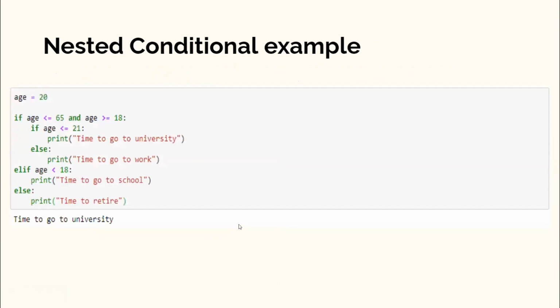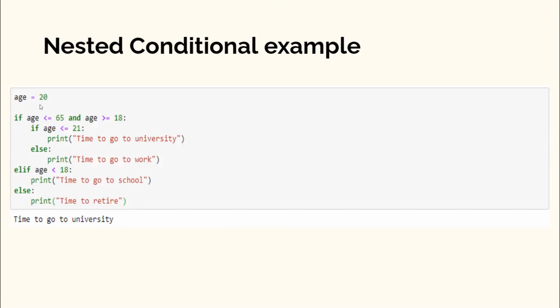So here is an example of a nested conditional statement. We've set age equal to 20. If our age is smaller than or equal to 65, and our age is greater than or equal to 18, then we continue.